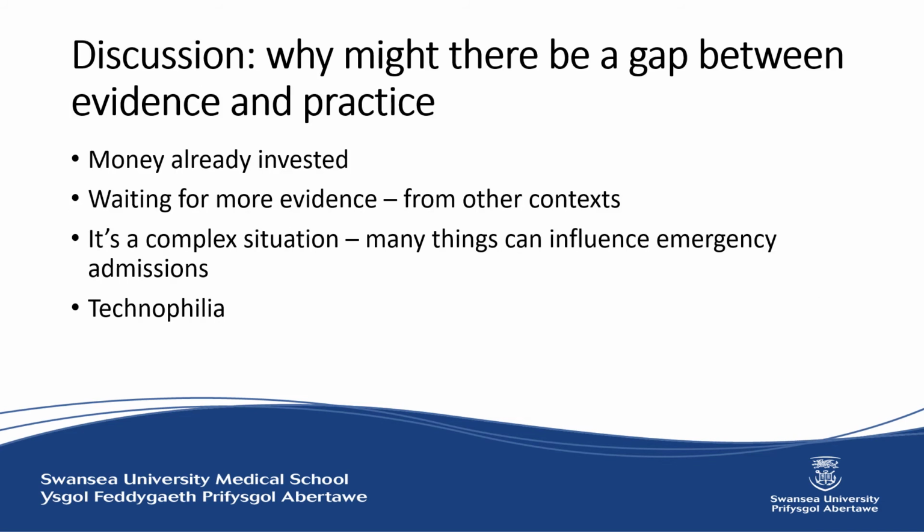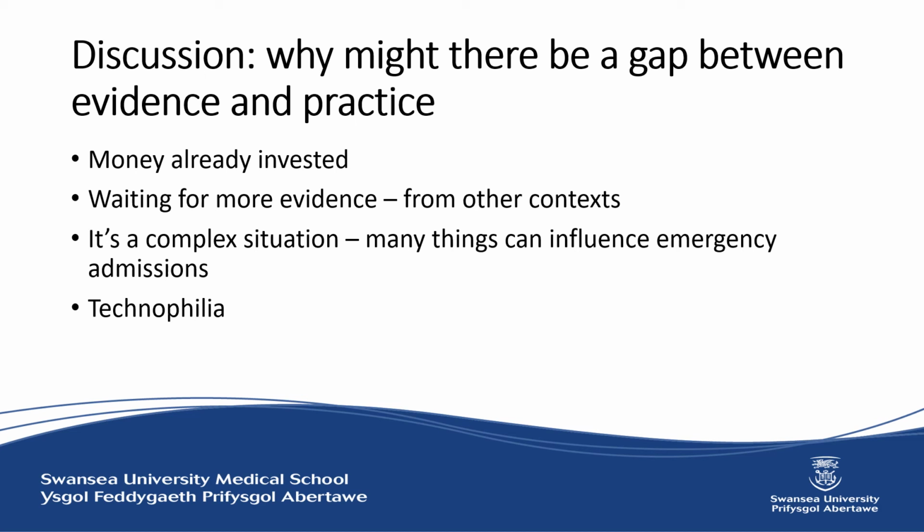So why might there be this gap between evidence and practice, certainly in what's going on in other parts of the UK? Well, firstly, I guess money's already invested. There was a lot of interest in this kind of thing before there was any research evidence to support the implementation of risk stratification tools.